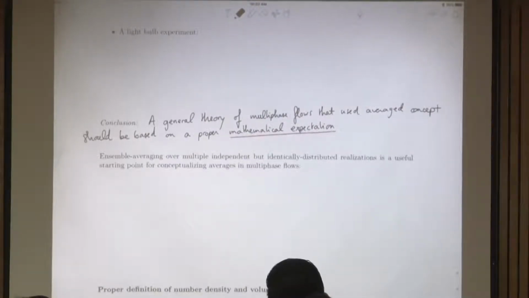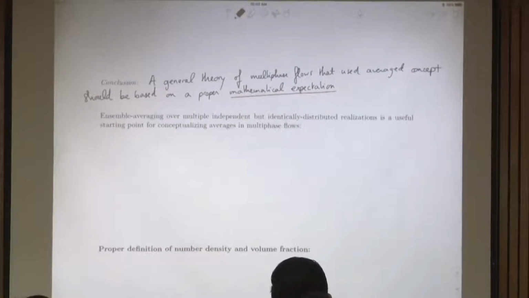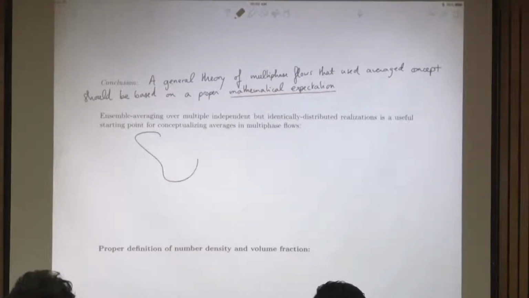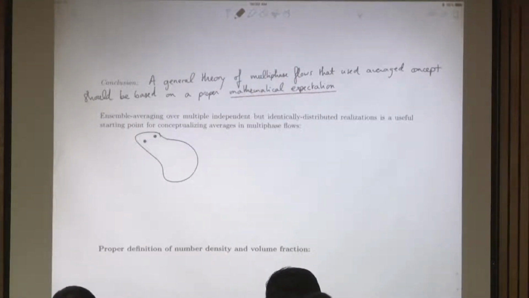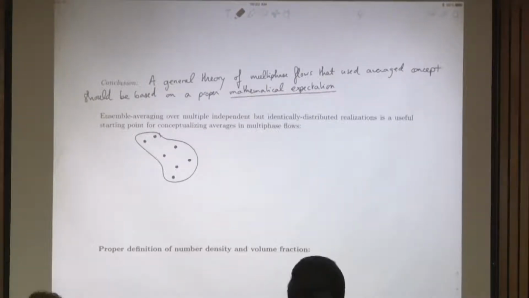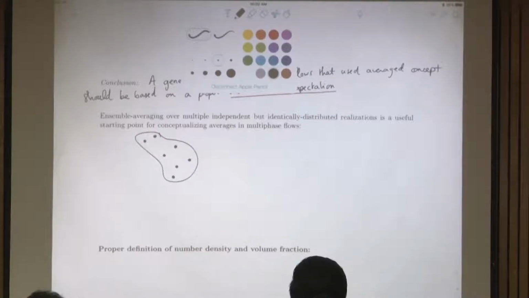So concretely for our problem, that means that we would ensemble average over a number of realizations. I'm going to draw, so say this is our domain of interest. I'm going to put particles in there. Now the two competing ways we have to think about volume fraction.